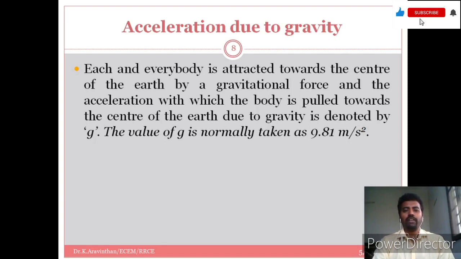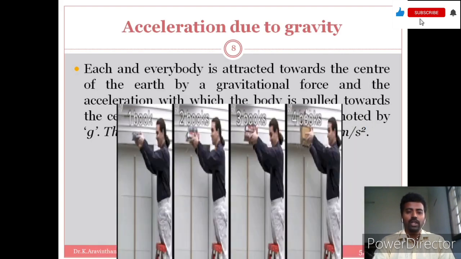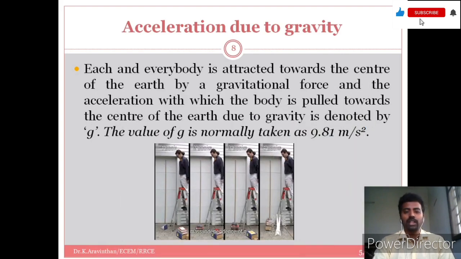The attraction of gravity is the same, that is 9.81. For an aeroplane, this attraction is the same as for a human who is having 80 or 90 kilograms. So all the objects on the earth are being attracted by the same constant called acceleration due to gravity.